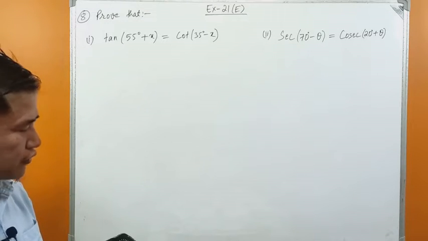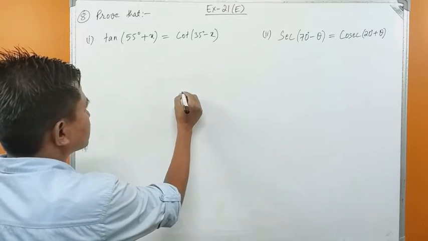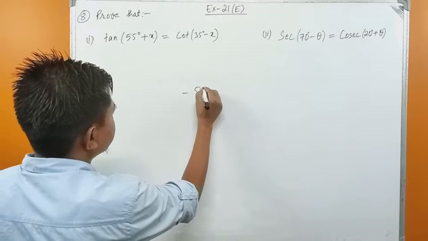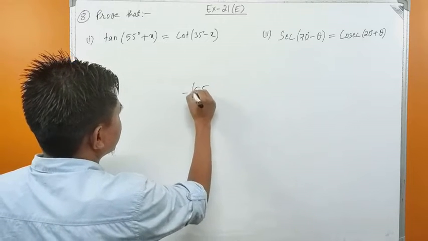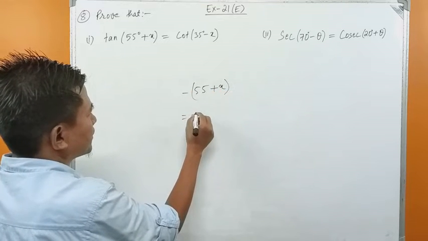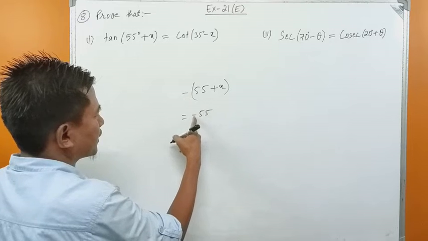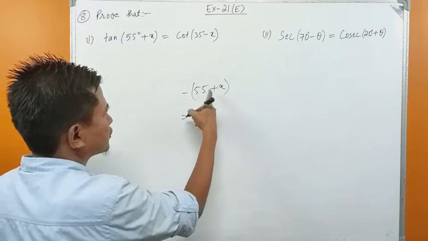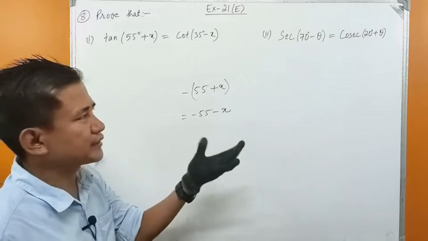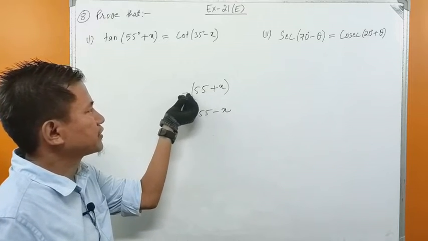Before we do this, what I want you to understand is, suppose I write minus (55 plus x), then what I get is minus 55, minus into plus, and minus x, minus into plus. Just an example. We must multiply with this minus sign.